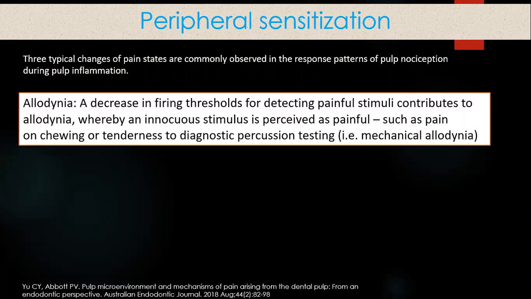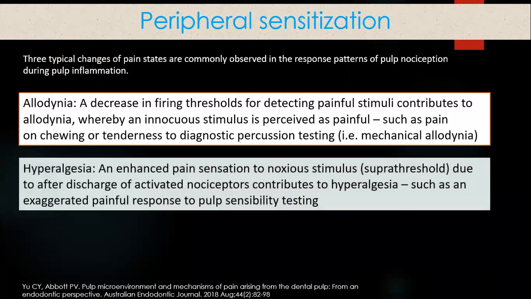So we must know that it is allodynia. The next thing would be hyperalgesia, that is, an enhanced painful sensation to a previously non-painful sensation. So this is the exaggerated response to the pulp sensibility testing, known as hyperalgesia.